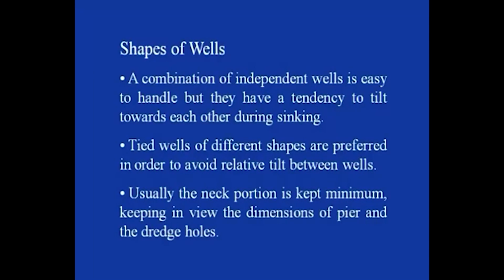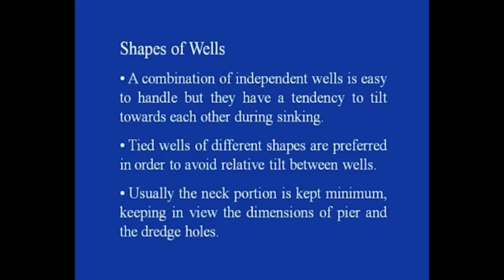Usually, because an oblong pier takes a very large diameter of well, it is better to replace it with 2 or 3 circular wells, placed very close to each other, and a common well cap is provided to all of these. A combination of independent wells is easy to handle, but the disadvantage with such independent wells is that they have a tendency to get tilted towards each other during the sinking process.